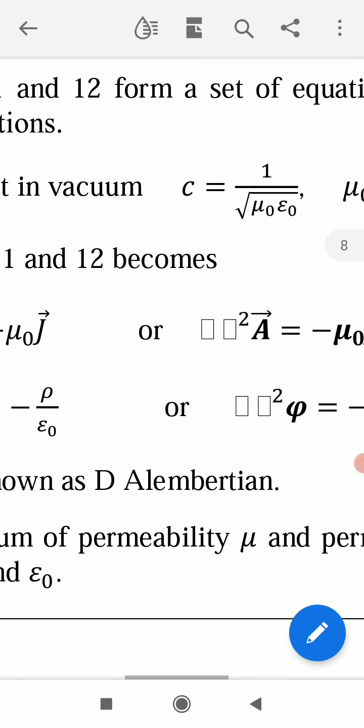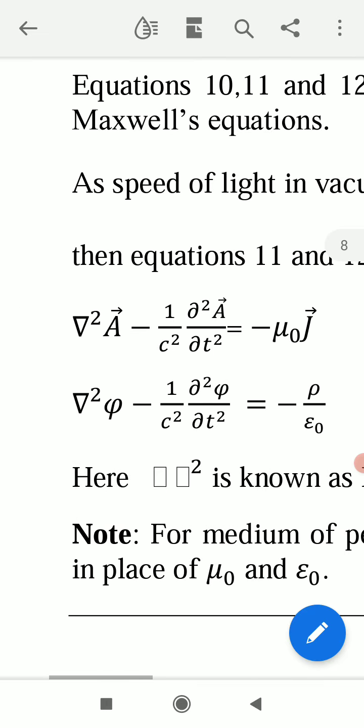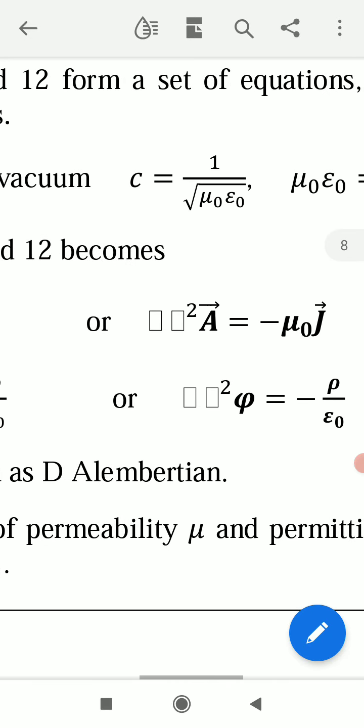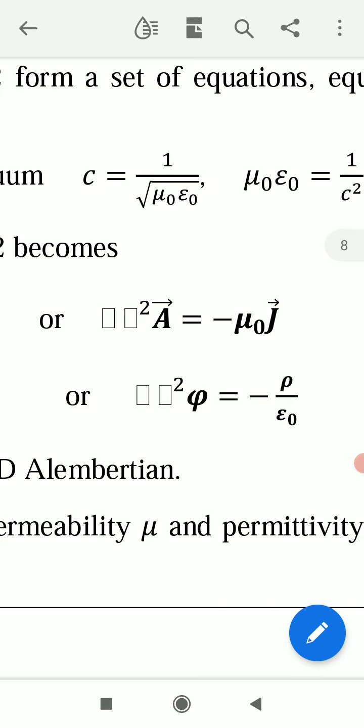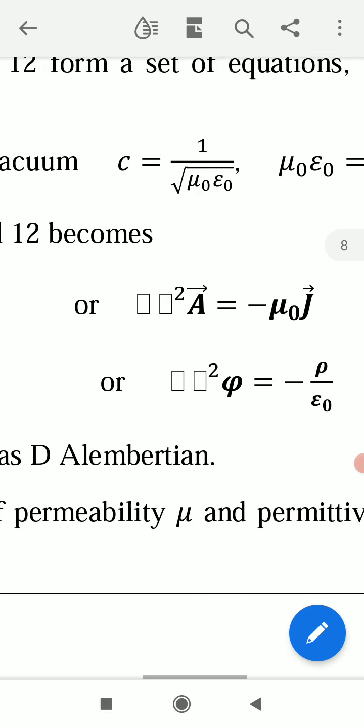This D'Alembertian is equal to del square minus 1 upon c square d2 by dt square. So D'Alembertian A equal to minus mu 0 j, and the other equation is D'Alembertian phi equal to minus rho upon epsilon 0.